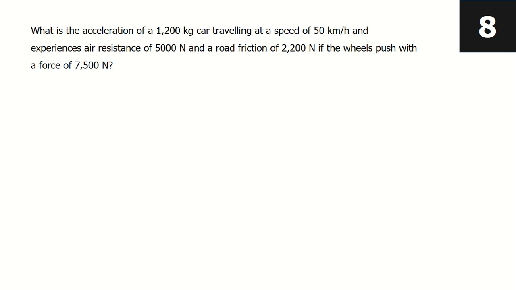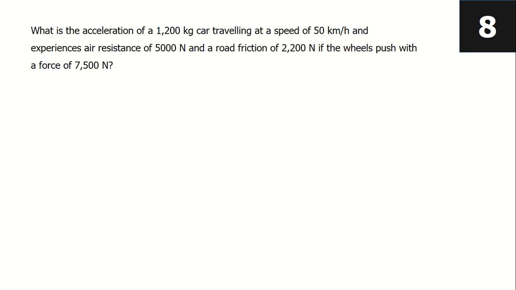Okay, so in item 8, we are again looking for acceleration, and we are given the mass of the car, a 1,200 kilogram car, as well as its speed, 50 kilometers per hour, and it is experiencing air resistance.